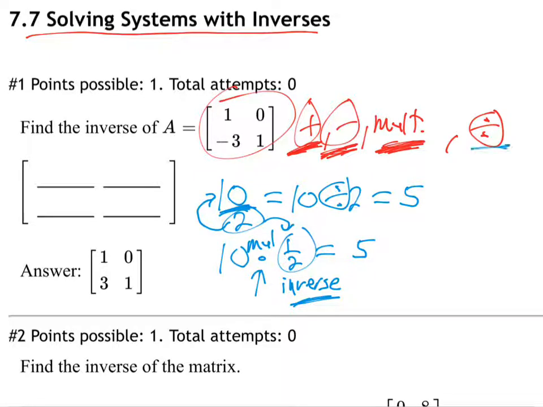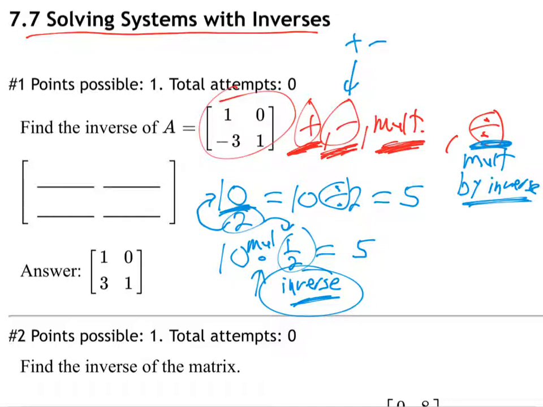Okay, so if we're going to talk about dividing matrices, what we really need to talk about is what the inverse of a matrix is, because dividing is nothing more than multiplying by the inverse. That's all dividing really is. Just like subtracting is adding a negative, it's really not something totally brand new.